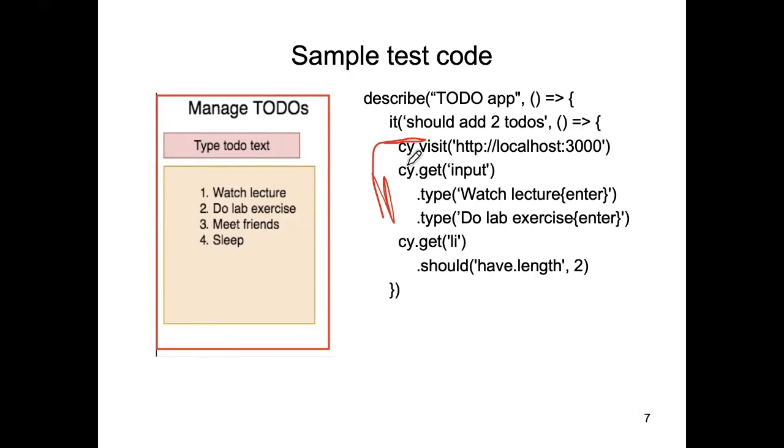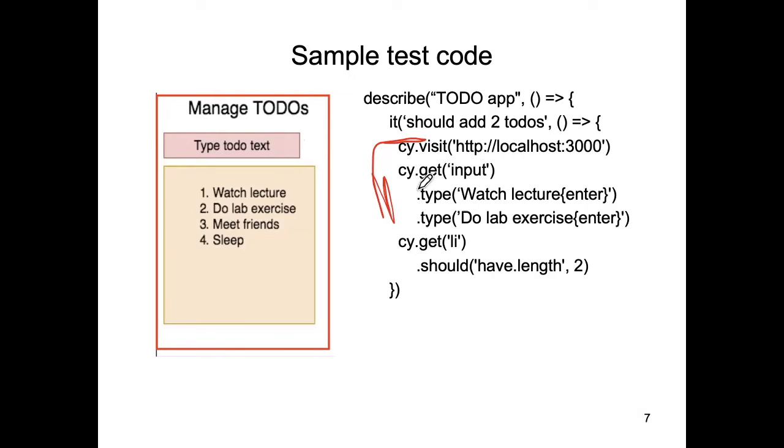The next statement, what I'm trying to get across here is I want my test to type to-dos into the text box. cy.get('input'), the way you interpret that is you're asking Cypress to go find an input element on the browser, where an input is my text box, obviously. And there is only one text box in the browser at the moment.